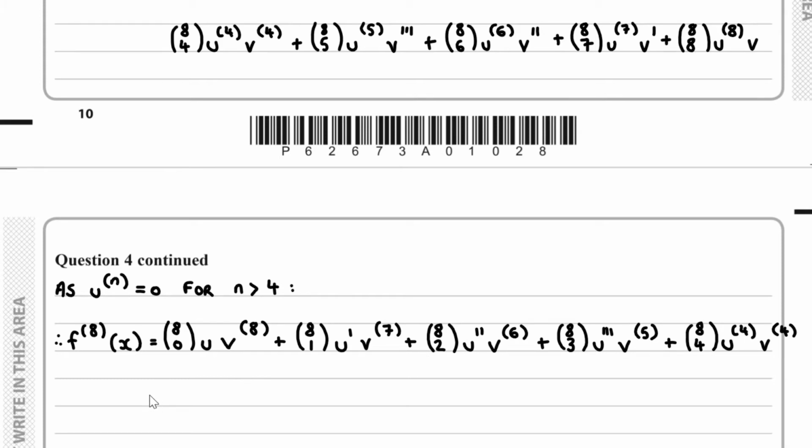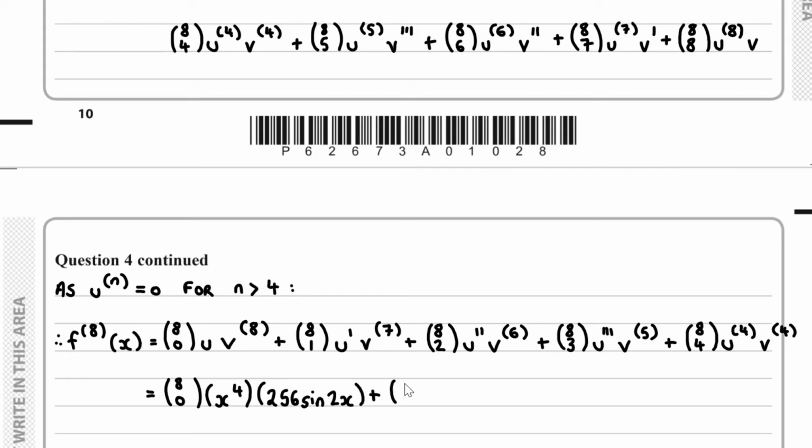So if we substitute everything in, we have 8 choose 0, and then we've got u, which is x to the 4, and then we've got the 8th derivative of v, which is 256 times the sine of 2x.